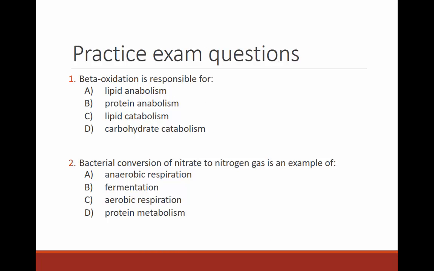Okay, some practice exam questions. Beta oxidation is responsible for, what do you think? Okay, have you got it in your mind anyway?